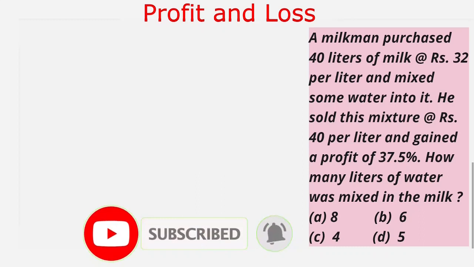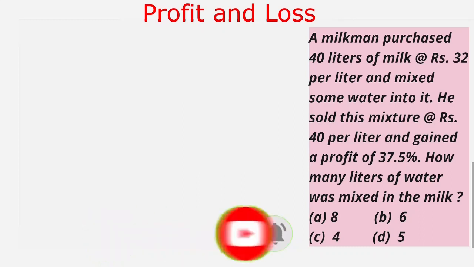As the total quantity is sold at 37.5% profit, it means that if the quantity of milk is say 100 liters, then the sale value is of 137.5 liters. So we write it as 137.5.